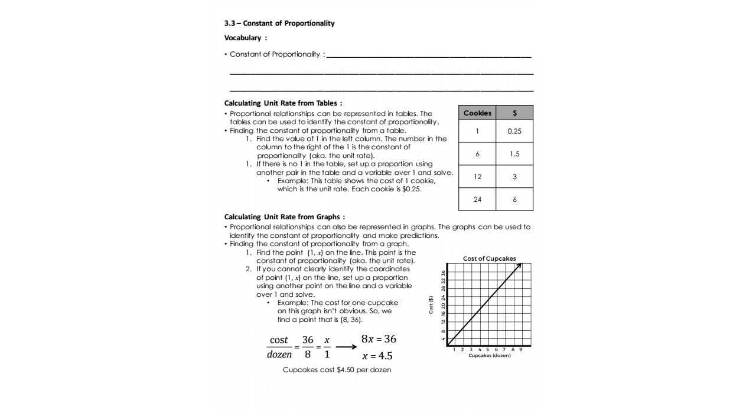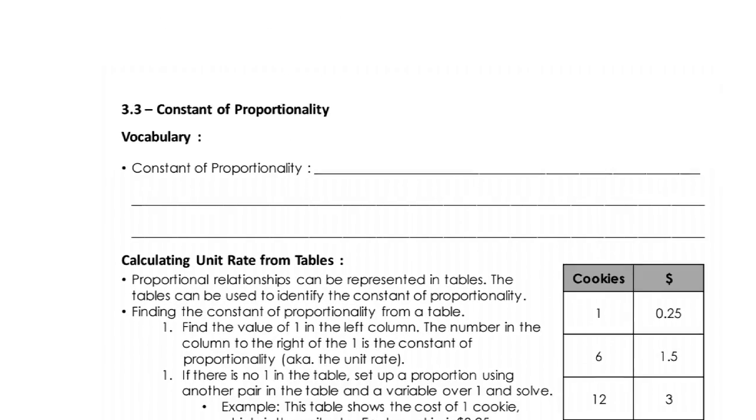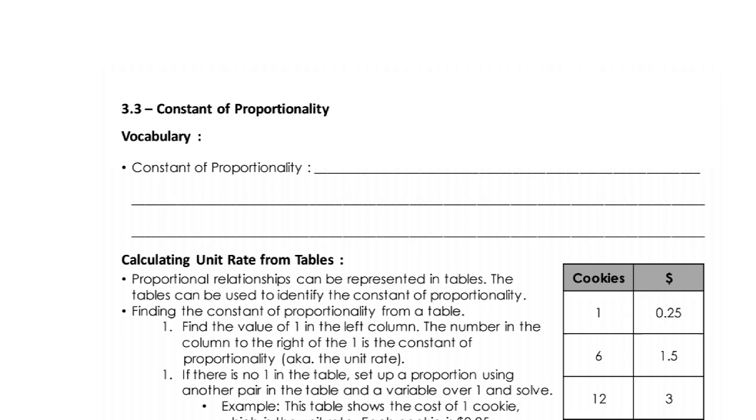All right, so let's talk about the constant of proportionality. The constant of proportionality is essentially finding the unit rate.